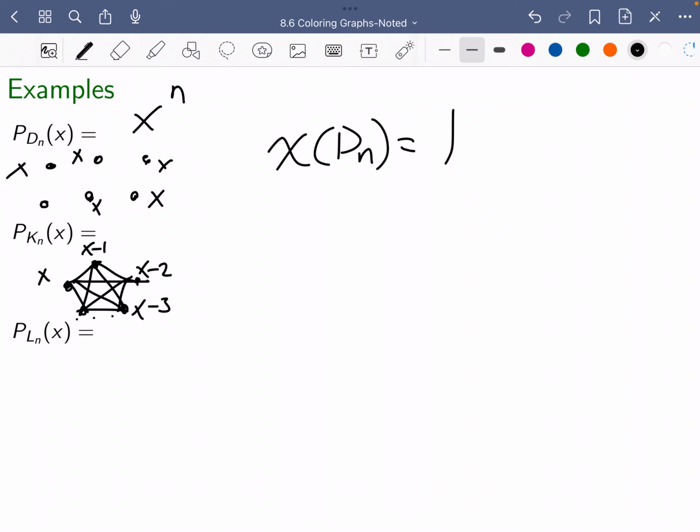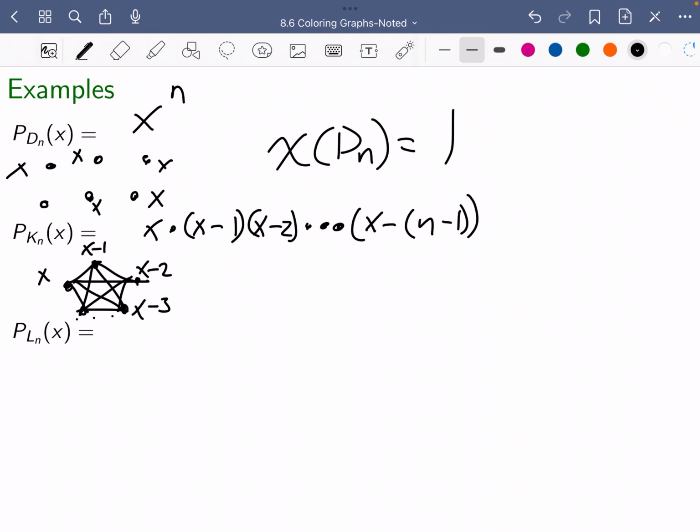And so when you look at that, you end up with this polynomial of x times (x minus 1) times (x minus 2) all the way down to x minus (n minus 1).